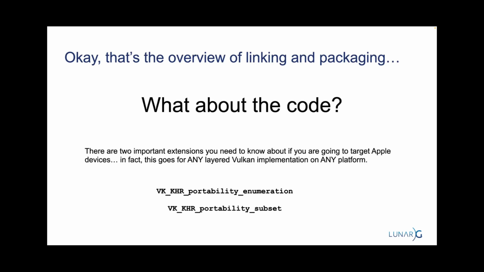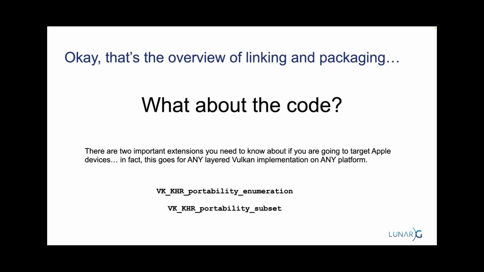MoltenVK sort of made the Khronos guys go, hey, you know what? There are going to be a lot of Vulkan implementations layered on top of other APIs. And it might not just be the Mac. People might want to do that on Windows or on Linux, like say implement Vulkan on top of DirectX 12, for example, which Bill was talking about.